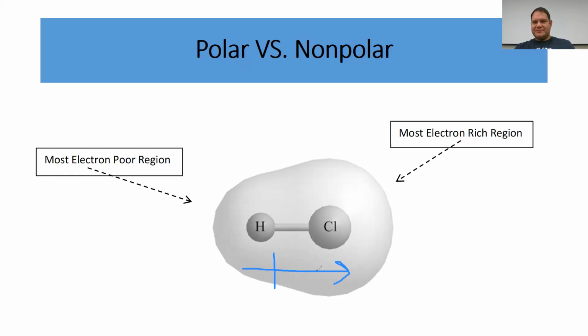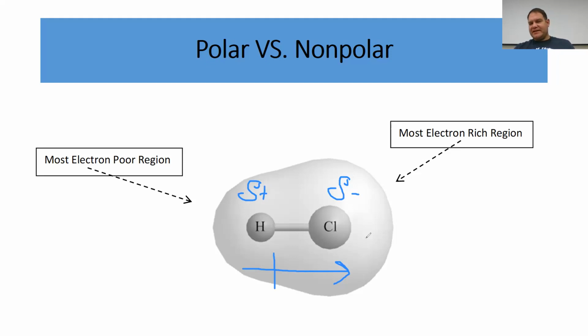And just to remind you that a dipole is where you have basically an unequal electron distribution within the bond. So part of the bond is partially negative and partially positive, and that creates the two poles, or the dipole, as we would say, okay?